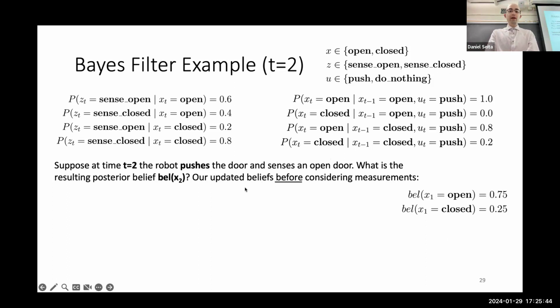So what are the updated beliefs before you consider the measurement? I'll give you a couple of seconds to think about it. I think you should be able to do it just from looking at the numbers on the slide.